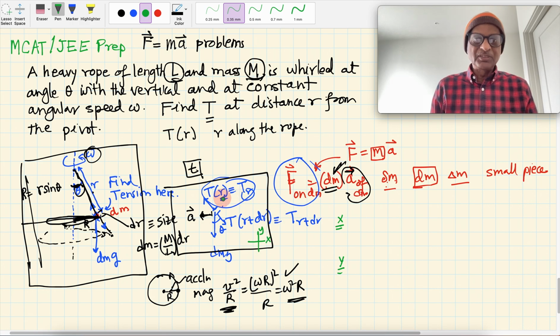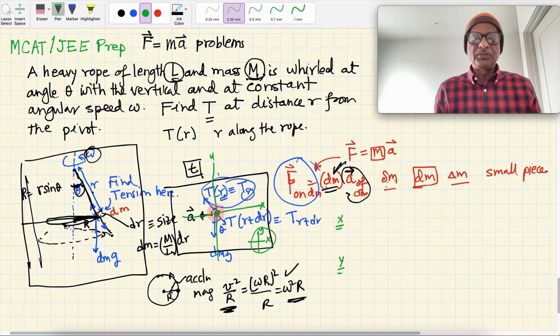Let's try the x equation of motion. To break it down like this, every vector is coming from that same place, with x and y, or the same orientation as that. So tension, if this is theta, then that's theta. So this is going to be positive, and this is going to be negative, right?